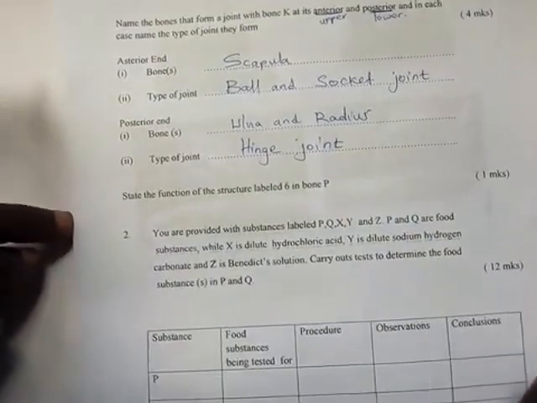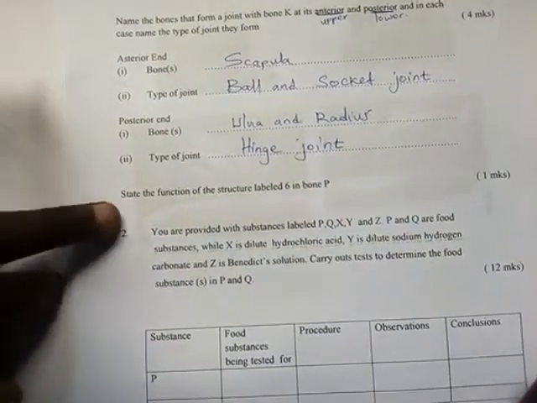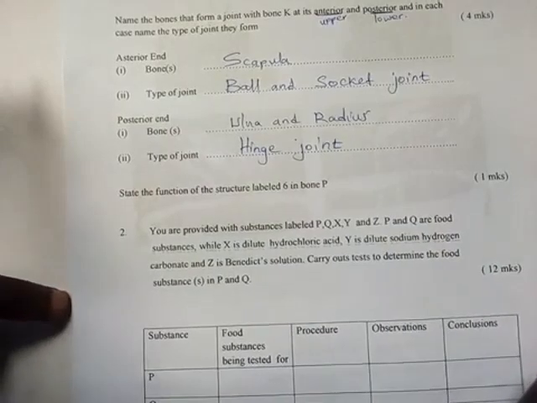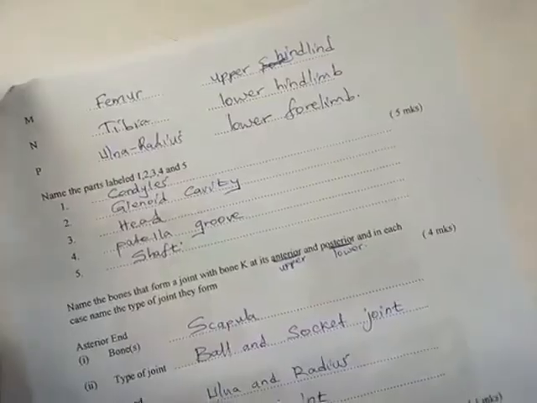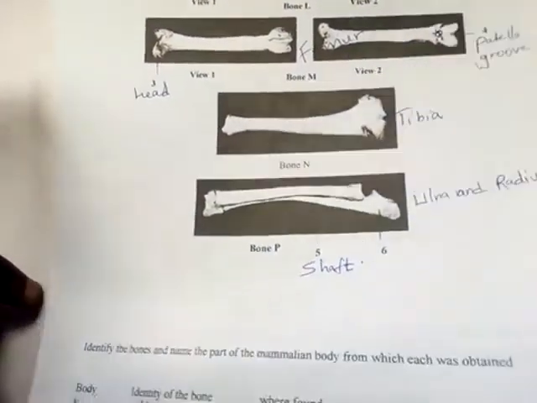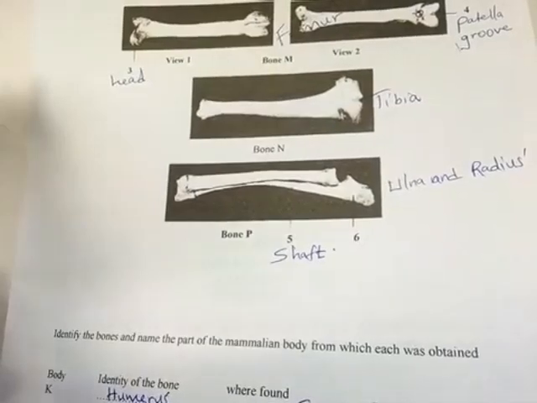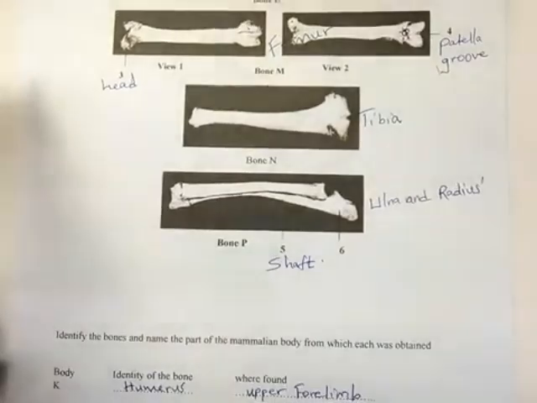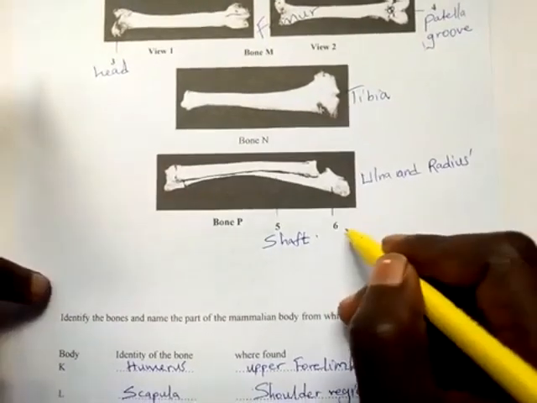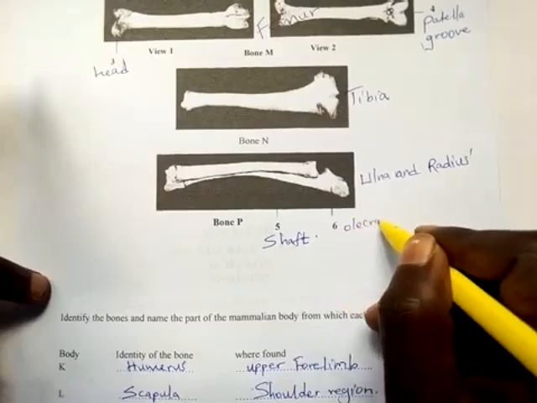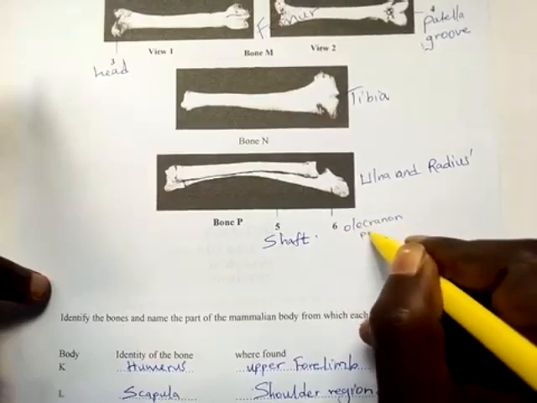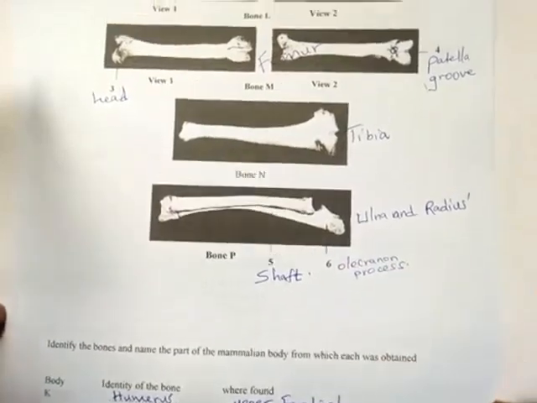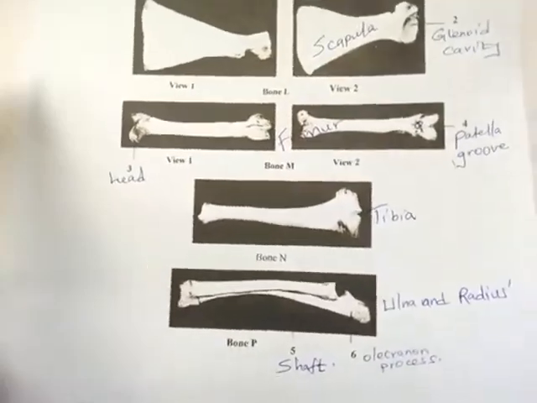Then the next question, we are being told, state the function of the structure labeled 6 in bone P. Now you look at the bone P. This is the ulna and radius. And then part number 6, this is the olecranon process. Then you should be able to know the function of the olecranon process.